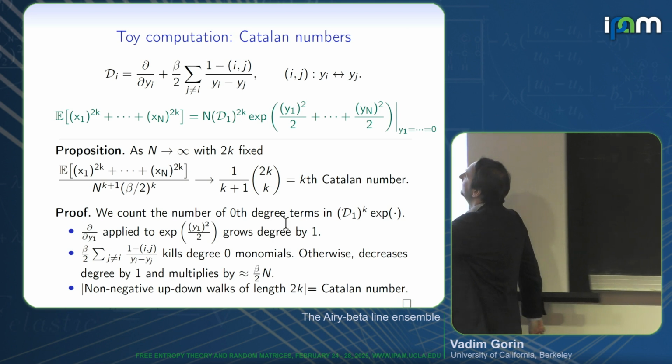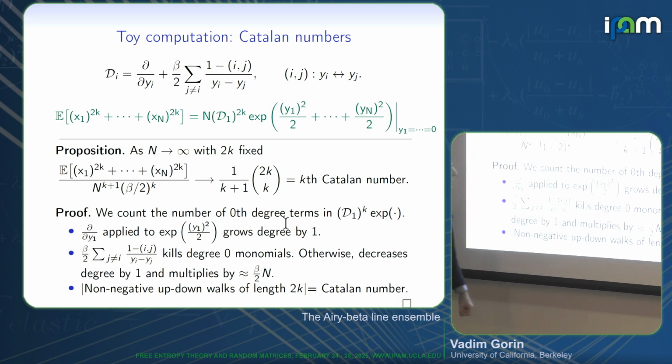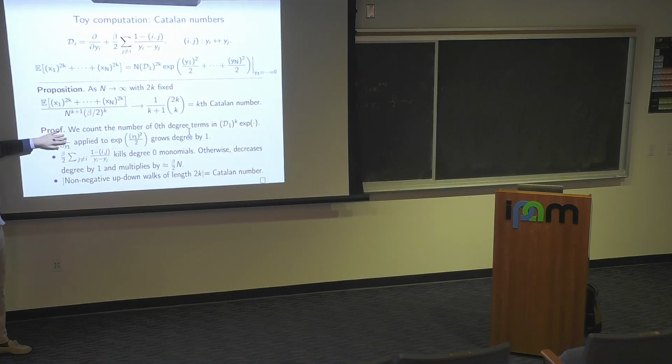On the other hand, this other term doesn't grow the degree. Instead, it decreases the degree. So you have this kind of creation operator which creates y's, and then there's this death operator which kills y's. And if you killed everything too many times, then you are just dead. Then you get 0. So really, you want not to kill too many things.